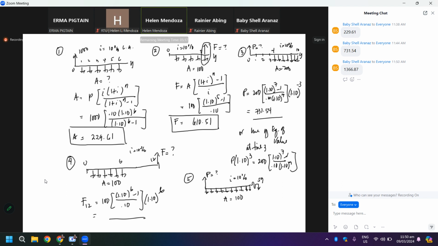Tapos sabihin po sa akin ang sagot. Time raised to raised to 67.68.